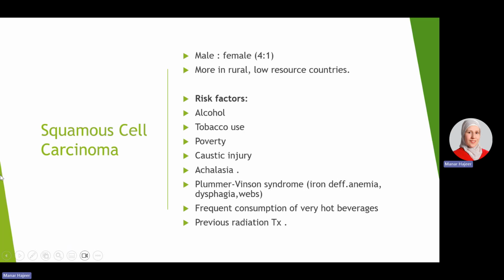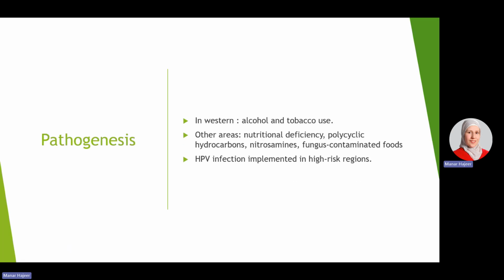It's mainly due to alcohol, tobacco smoking, poverty, caustic injury with acids and alkali, achalasia, which we talked about earlier, Plummer-Vinson syndrome, which is characterized by iron deficiency anemia, dysphagia, and webs in the esophagus, frequent consumption of hot beverages, and previous radiation therapy. These are called risk factors. So maybe one of them or multiple of them with environmental factors might cause the squamous cell carcinoma.